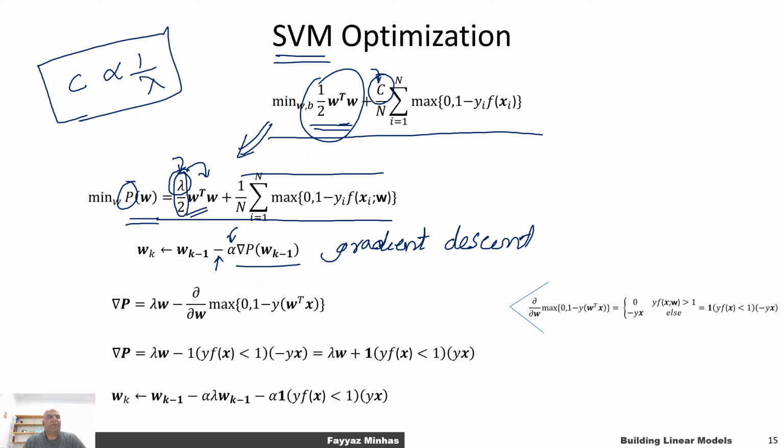If we take the derivative of P with respect to W, because this is W transpose W, you can think of it in terms of W squared if W is a scalar. So this is lambda by 2 W squared.